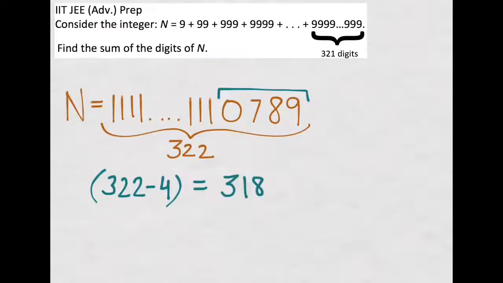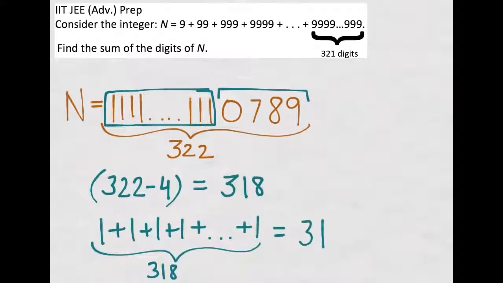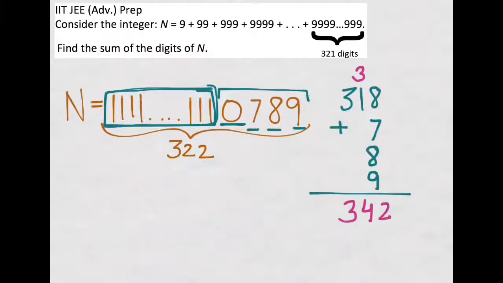So the sum of these first 318 digits over here is simply equal to 318, since you're adding 1 318 times. So now the sum of the digits of n is 318, which you got from the first 318 digits, plus 0, which is still 318, plus 7, plus 8, plus 9. After solving for the sum, you get your answer, which equals 342.